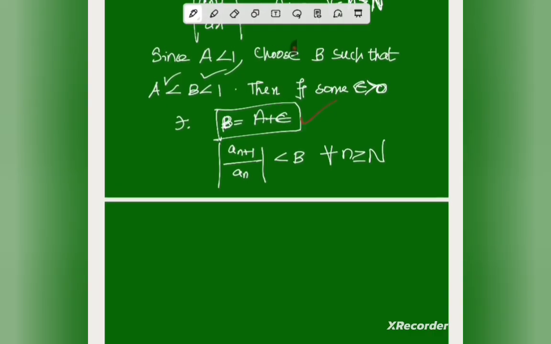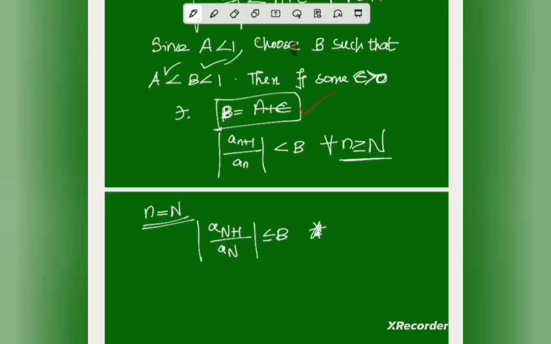Since this is true for every n greater than or equal to capital N, now you choose n equal to capital N. So what will you get? a(N+1) by a(N) is less than or equal to B.